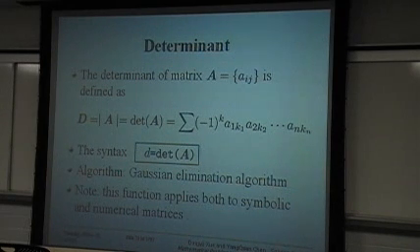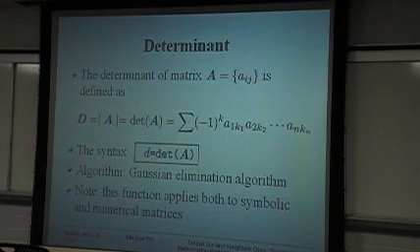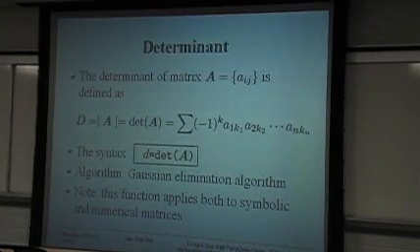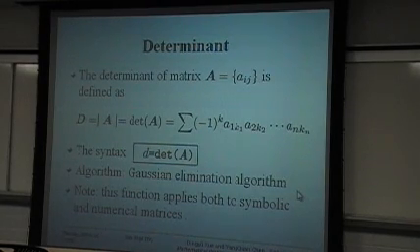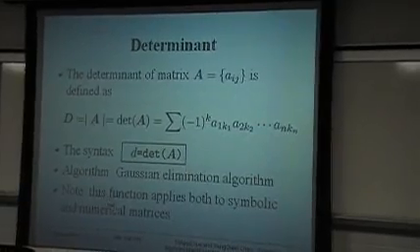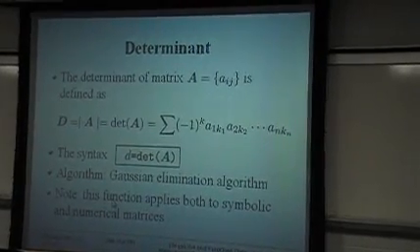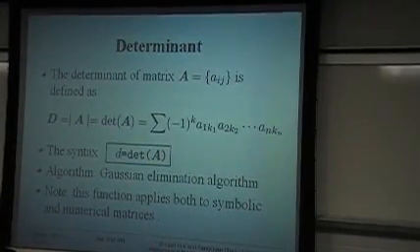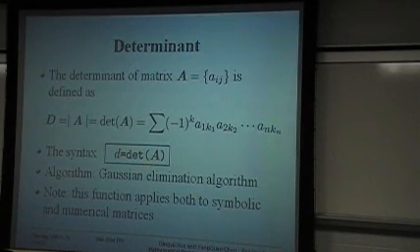If A is a symbolic variable, we can use det to find the analytical solution to the determinant of a matrix. The algorithm used inside is the Gaussian elimination algorithm. And as I have already said, this function can be used for double precision matrices and symbolic matrices.